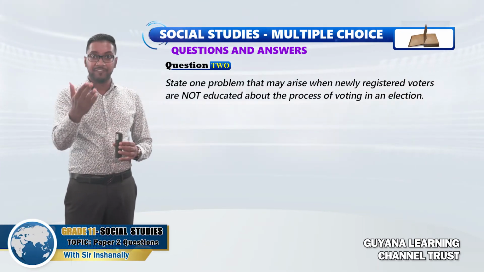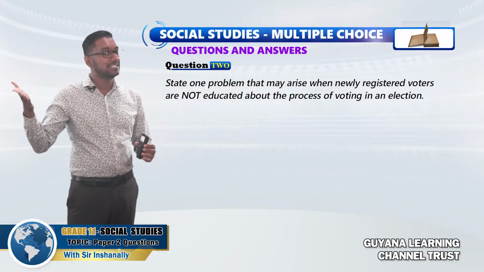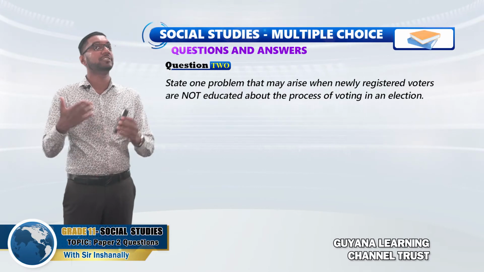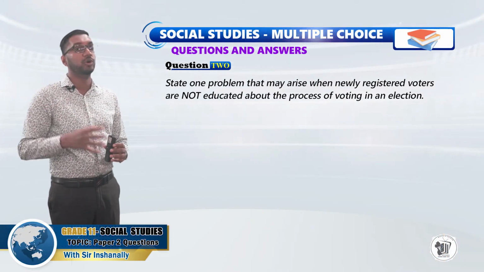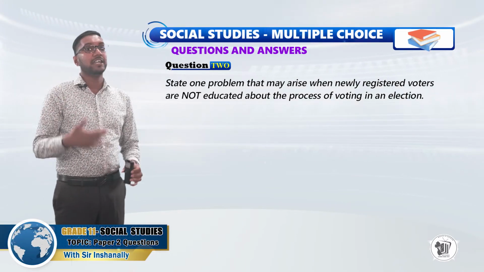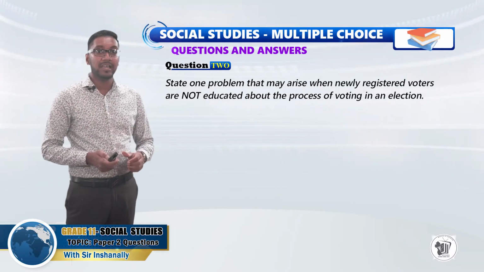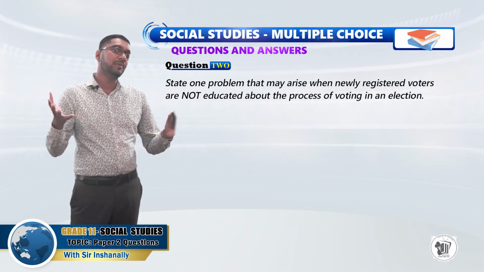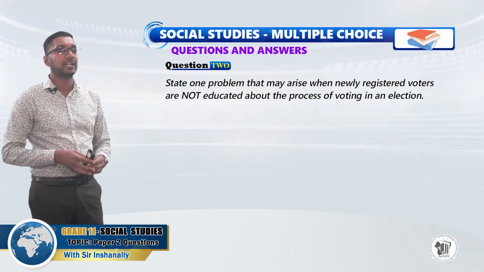All of you that are in fifth form, fourth form currently, I'm sure by the next election cycle, you will be eligible to vote. You'll be considered as a newly registered voter. Can you think of one problem that may arise if you're not educated about the process of voting in an election? What are some possible issues that may happen if you're not sure what to do?